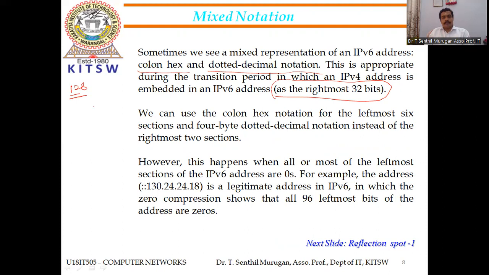So out of that, the first 96 bits will be the IPv6 part. The remaining 32 bits may be for representing the IPv4 address. Okay. So see here, this is another representation: double colon, and the remainder is the IPv4 address. Okay. So this double colon represents all zeros. So 96 bits are zeros, and the remaining 32 bits are the IPv4 address.